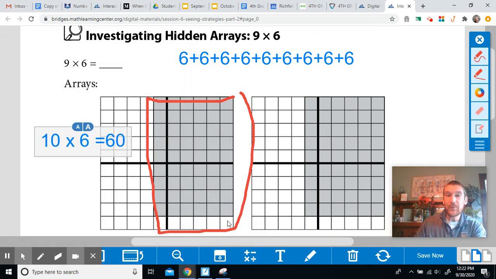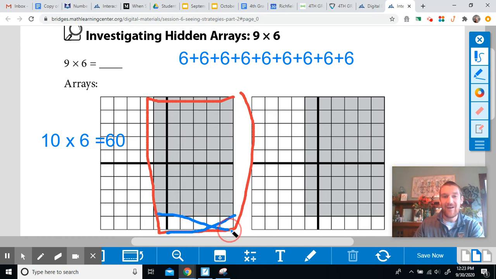But now we don't really have 10 6s. We have 9 6s. So we have to kind of like cross that off. Okay. So we're really going to take away not 1. I know it's called times 10, take away 1, but we're taking away 1 group of 6.